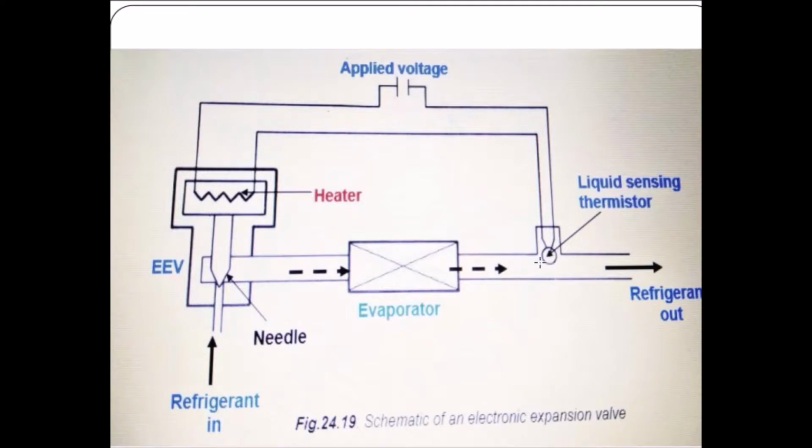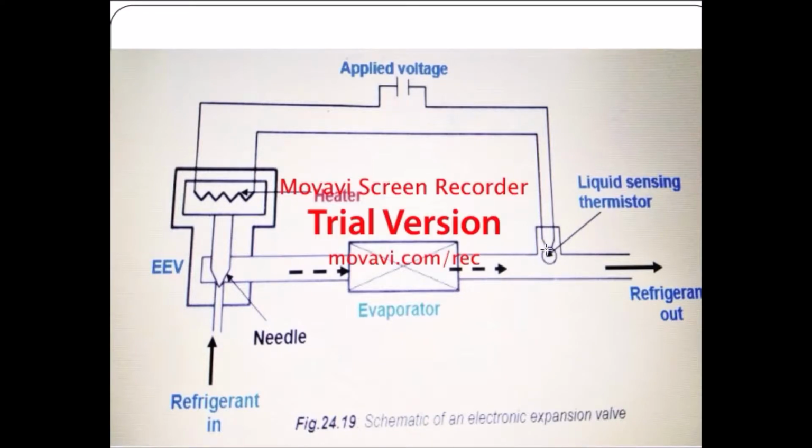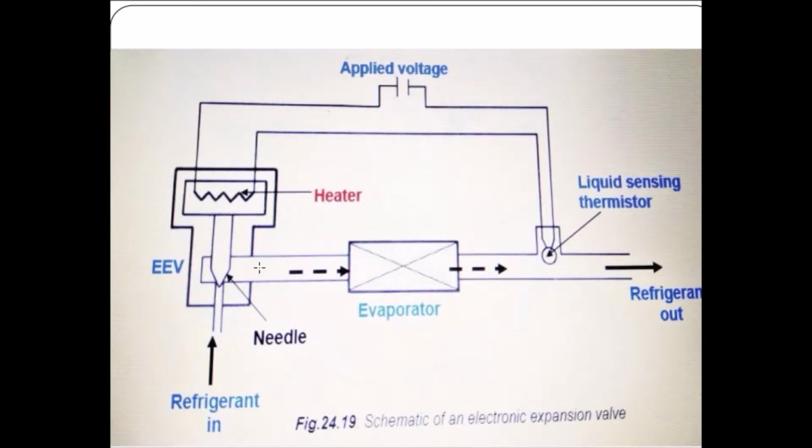If the supply is lower because the liquid sensor thermistor reads lower, the heater works and resistance is higher.